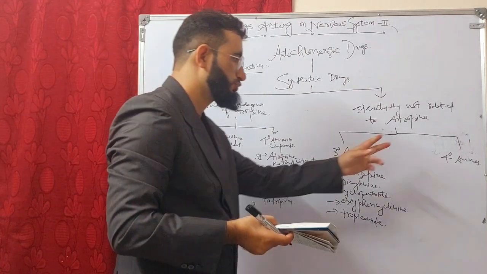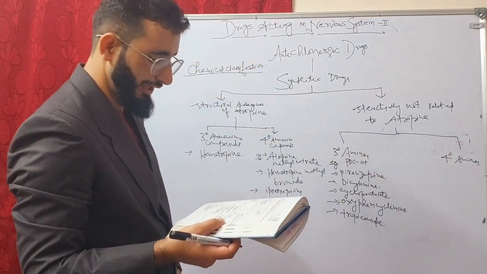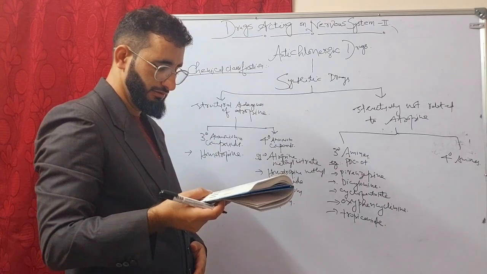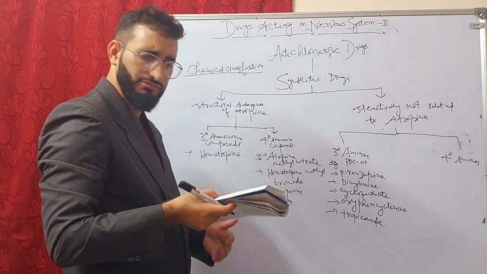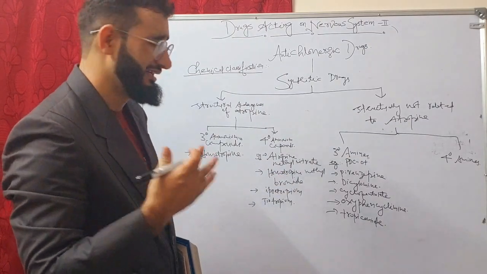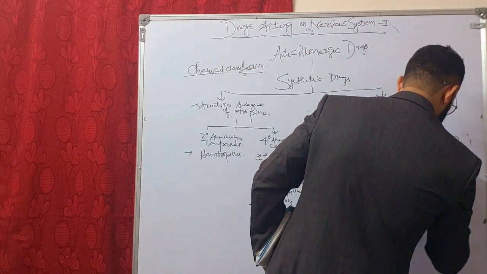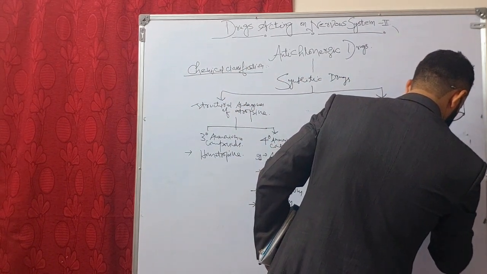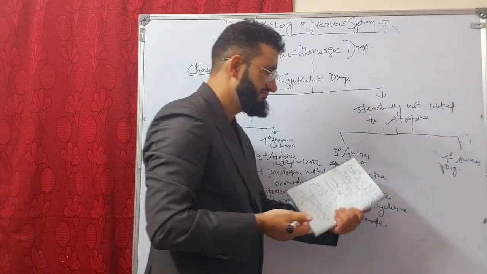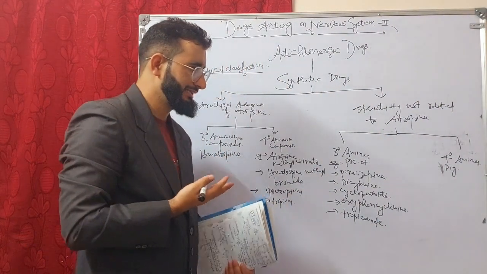Another class we have is quaternary ammonium compounds. In this we have examples, and you can remember them with a mnemonic.